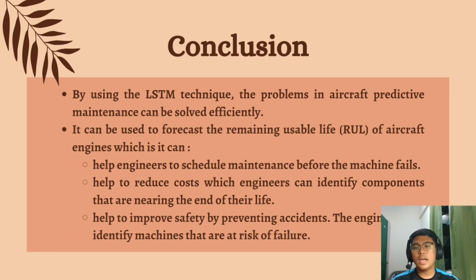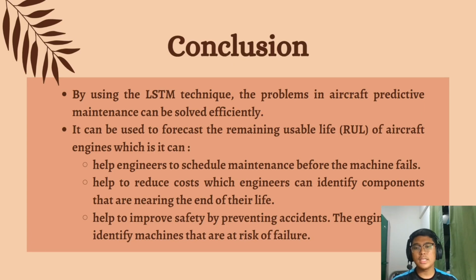Next, the engineers can reduce costs, since they can identify the components that are nearing the end of their life. So they don't need to replace a lot of components inside the aircraft, but we can detect the particular component that has to be replaced only.